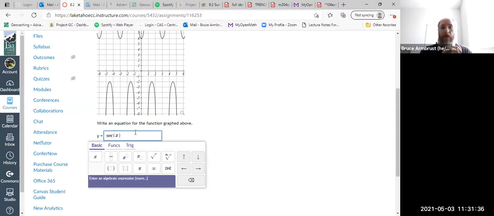We have to think about all the other things that might be happening. Do we have a vertical shift? Do we have a vertical stretch or compress? Do we have a horizontal stretch or compress? But this way, if I use secant, I don't have to do a horizontal shift. All right, so the next thing I'm going to look at is where the midline of this is.